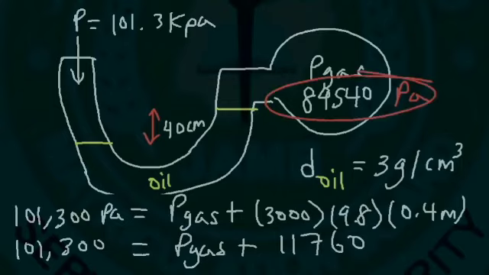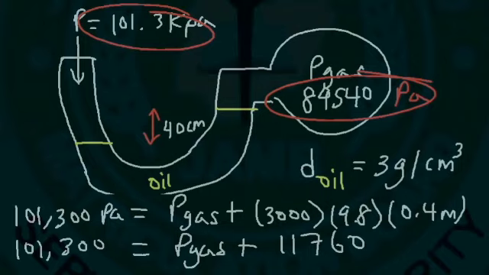So that's how you can calculate the pressure of the gas inside a manometer. You simply need to add or subtract the gauge pressure either from or to the atmospheric pressure. And just ask yourself, is the gas pressure less or greater than the atmospheric pressure? And then you can either add or subtract ρgh to it.